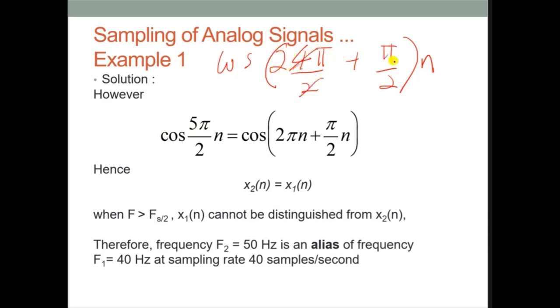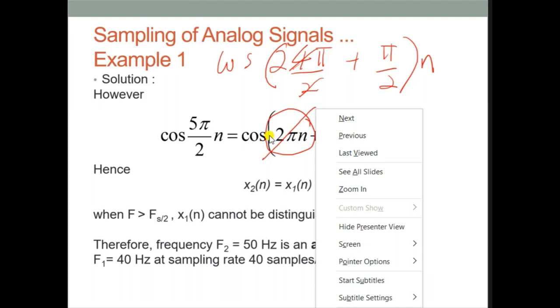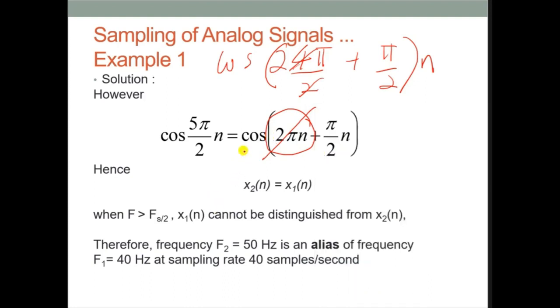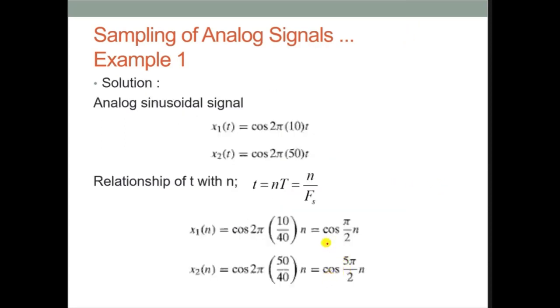So you have 2 pi n plus pi over 2 n. So this is one complete cycle, so you can neglect that. So this is cos pi over 2 n. This is similar to x1(n).